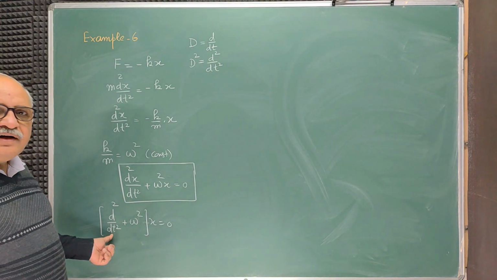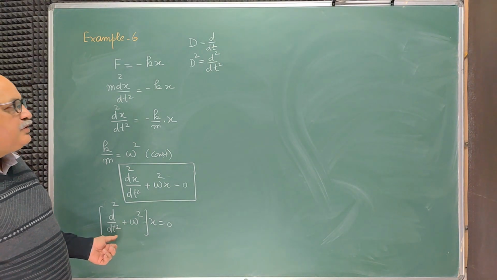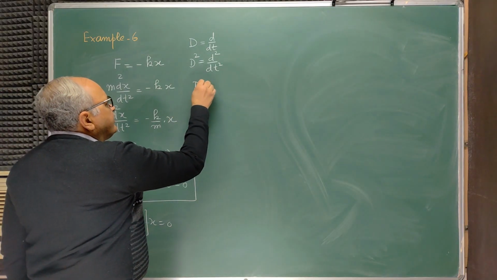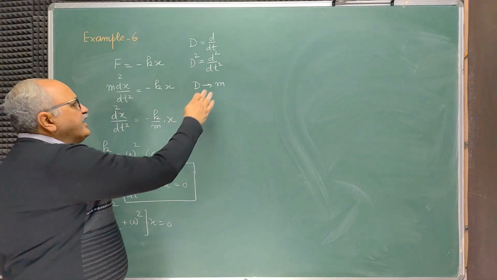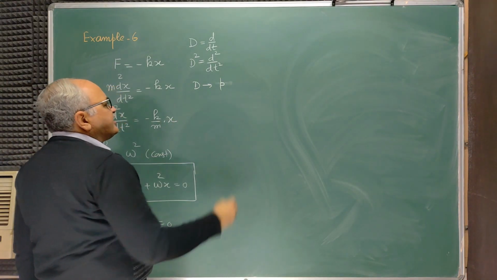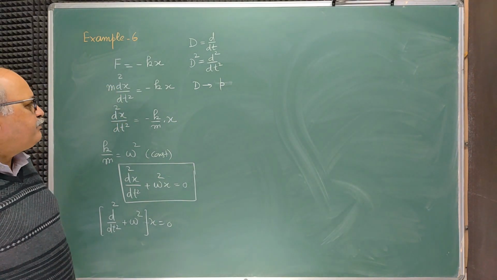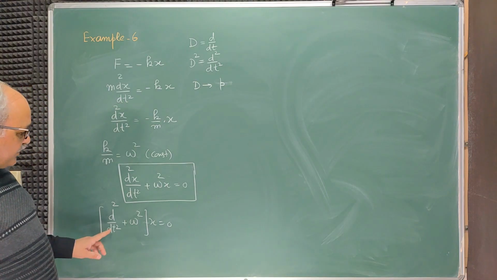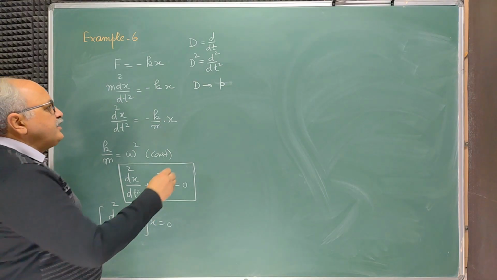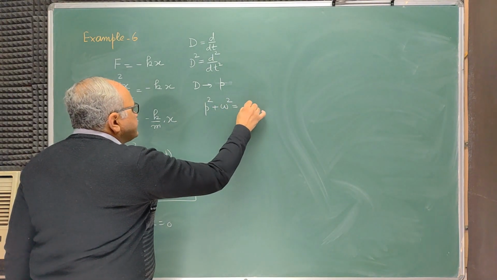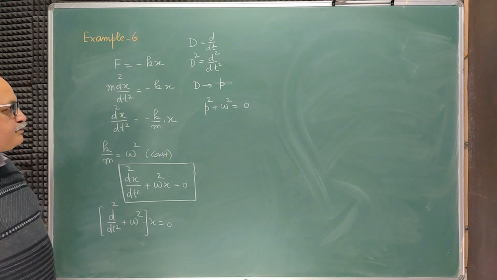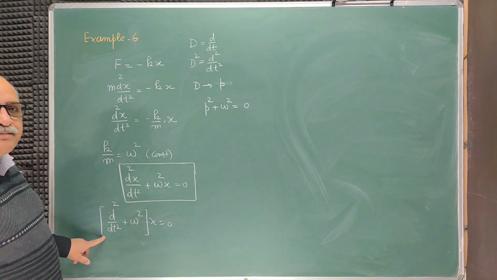So let's get the auxiliary equation. What I am doing is using m for d just to make the thing simple, or you can choose any expression. Let me choose p this time. So my auxiliary equation for this is going to be p square plus omega square equals 0. This is the operator equation.